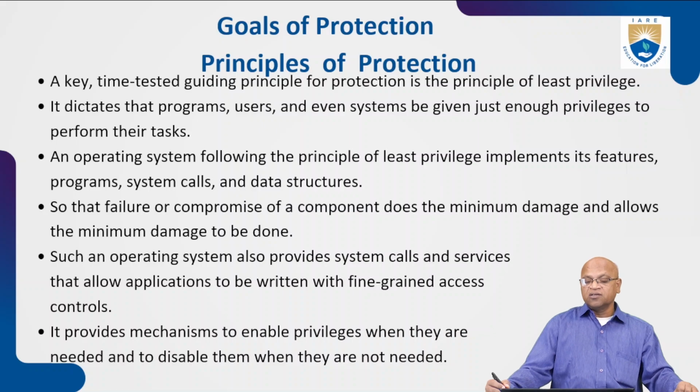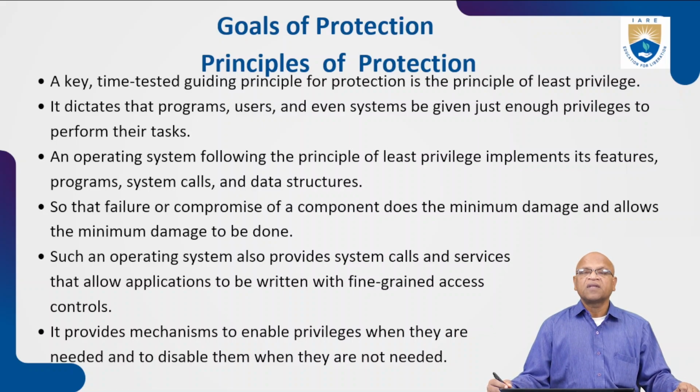So what I want to say here is, goals of protection means our OS should have some programs, some mechanisms. What will these mechanisms do? The programs which are available in the OS, when they are interfacing one to one, at that time there should not be an error to the other programs.